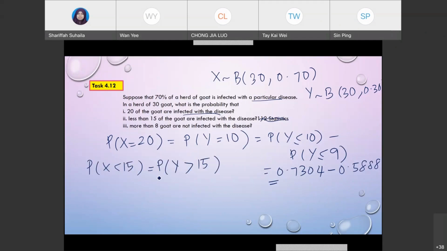So greater than, so you will have 1 minus probability Y, since this one is more than 15, so 16, 17, and so on. So Y less than or equal to 15. The same thing, you read from your stats table, and you should get 0.9936. So 1 minus 0.9936.